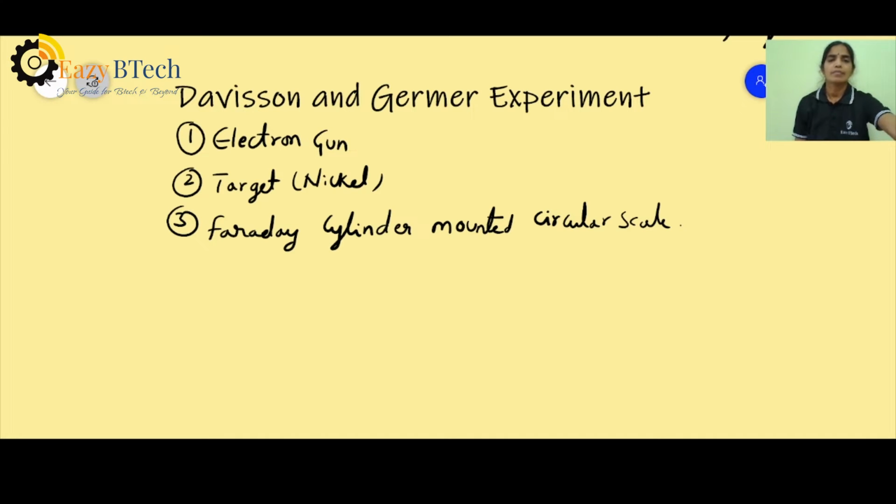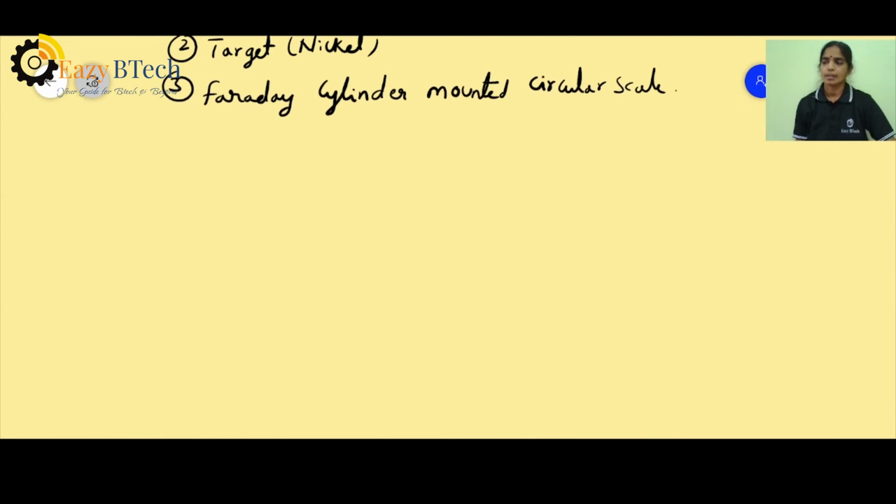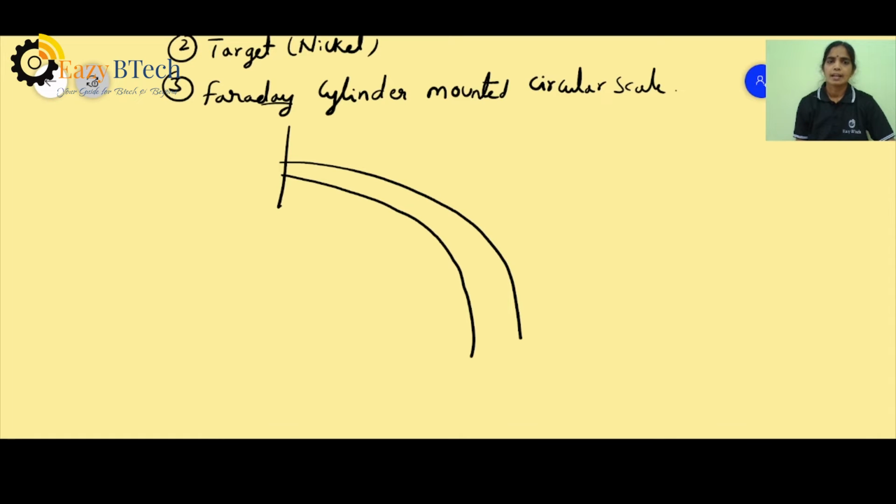So let's have a look at the figure. You have here a circular scale. On this circular scale, an electron gun is placed.